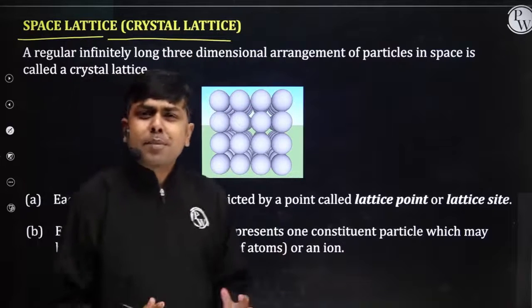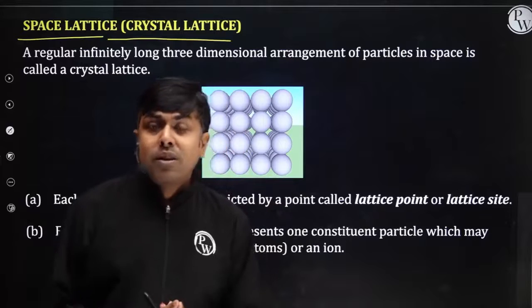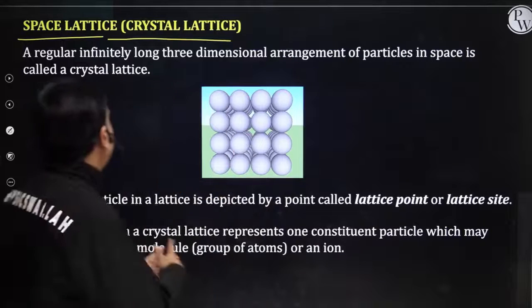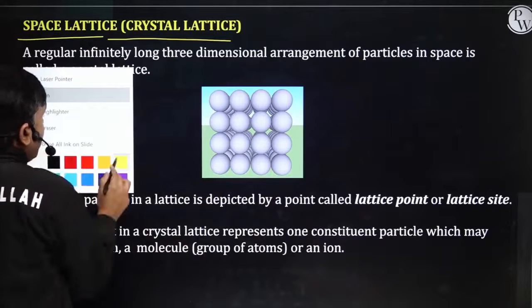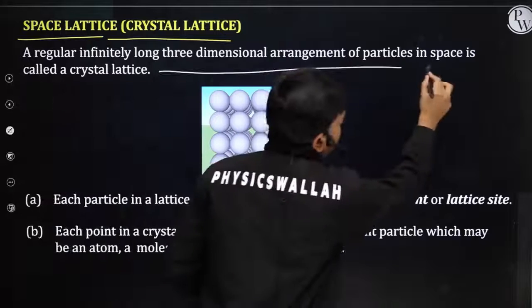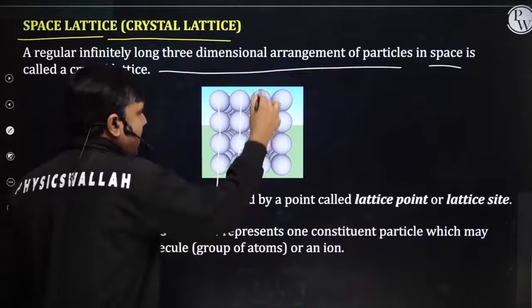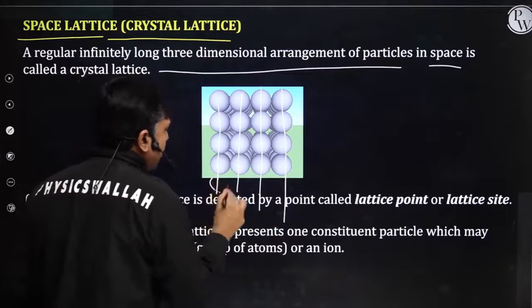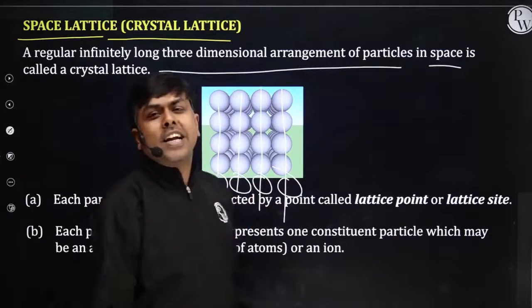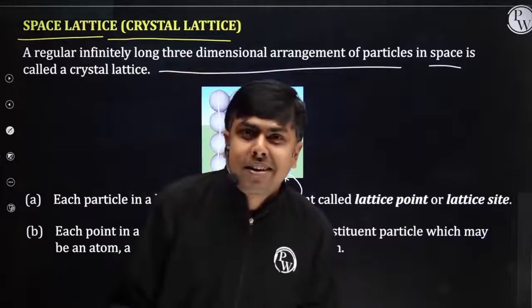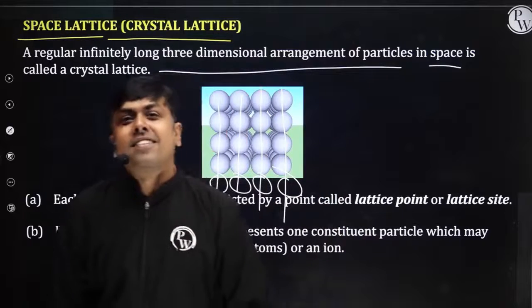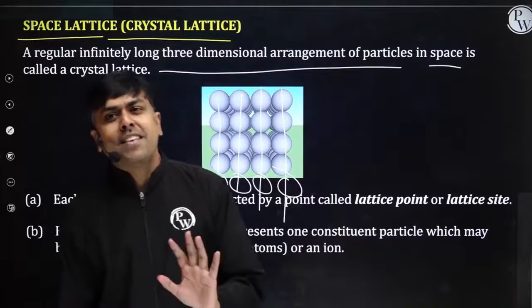Students, it can be simply defined as a regular, infinitely long three-dimensional arrangement of particles in space, right? A long, regular, up to infinite distance, definite arrangement of constituent particles in three-dimensional space is referred to as crystal lattice, or we say it as space lattice.